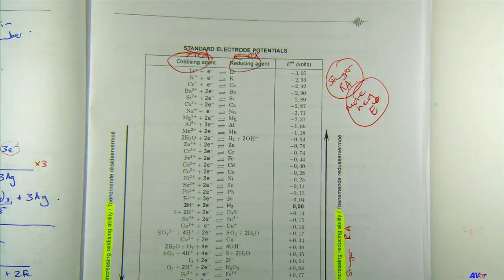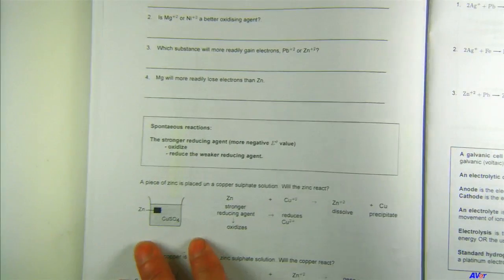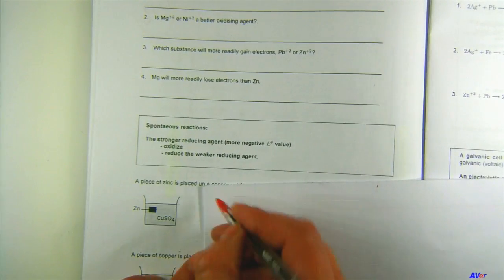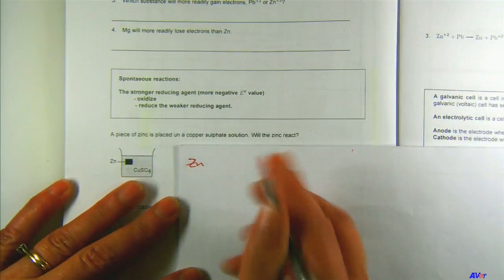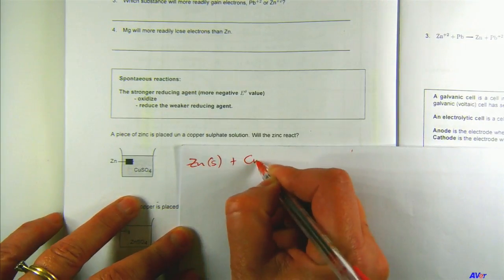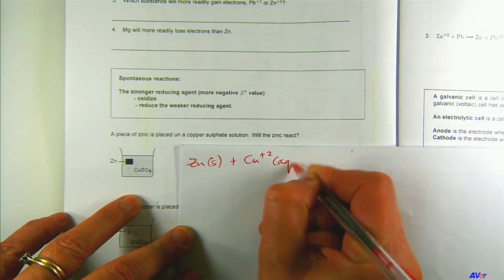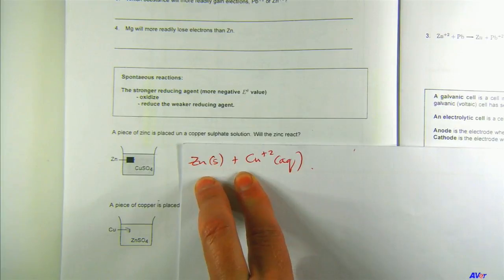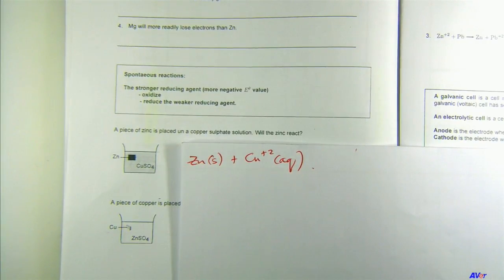Right. So now back to our problem. What was our problem? Our problem was we had zinc and we had copper. The zinc was in the neutral state, it was solid, and the copper was the +2 that was in solution. Who was the happy one, the copper or the zinc? The copper. It's got noble gas structure.